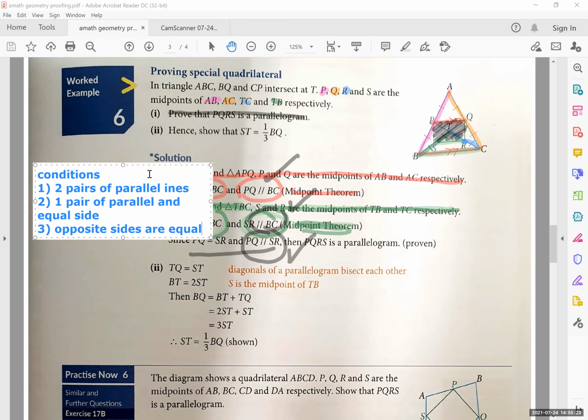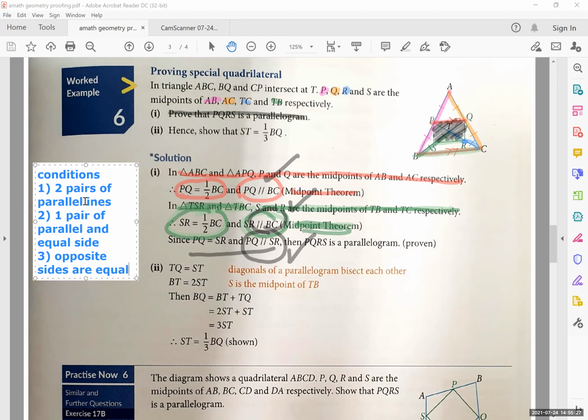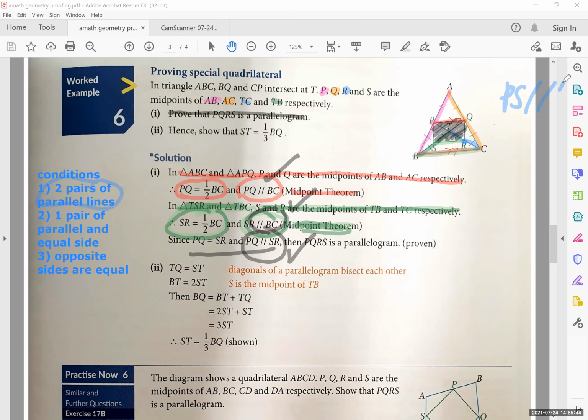So based on this scenario, do you think it's wise to use number one, number two, or number three? Can we use number one, guys? No. Is there any way I can prove that PS is parallel to QR?